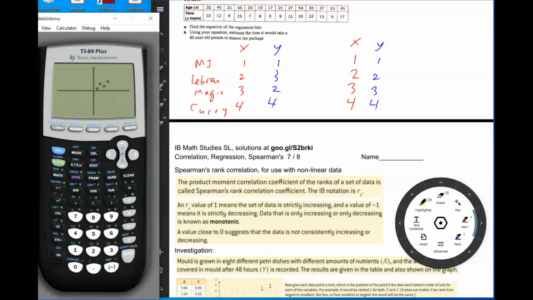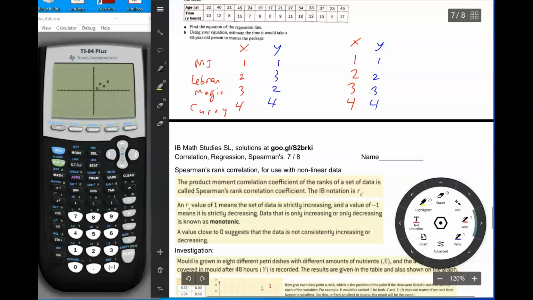Let's say that you got two classmates who are talking about the greatest basketball players of all time, and they are comparing their rankings of these basketball players. So both the red student and the blue student have ranked Michael Jordan as number 1, and both have ranked Steph Curry as number 4.